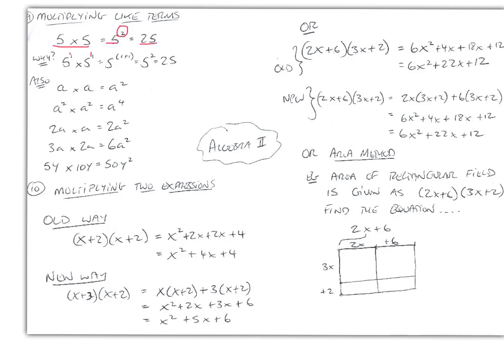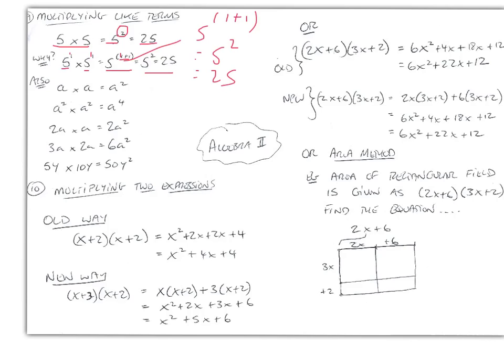And when we're multiplying like terms, a 5 is similar to a 5, then we can simply add the indices of the 5, which in each case is 1 plus 1. So 5 times 5, or 5 to the 1 times 5 to the 1, is the same as 5 to the 1 plus 1. And that's equal to 5 squared, which is equal to 25.